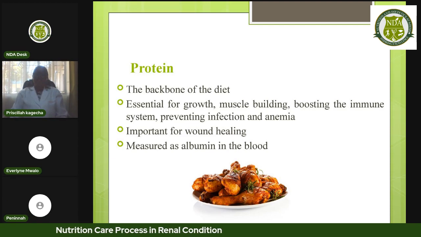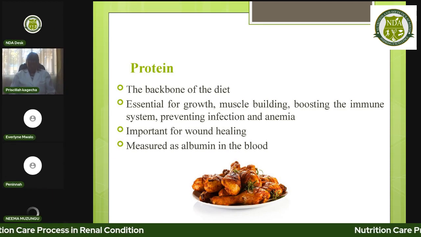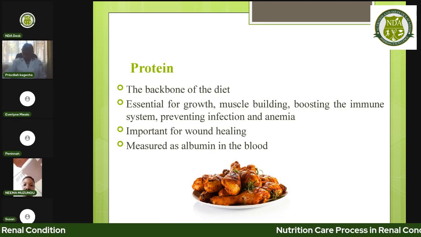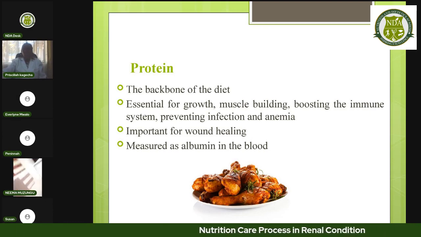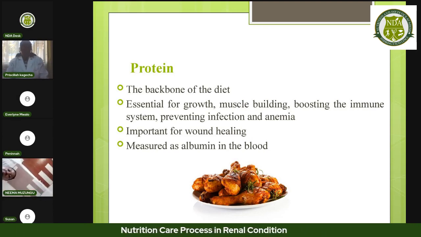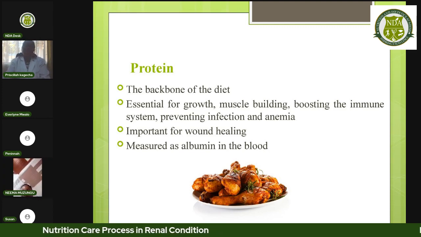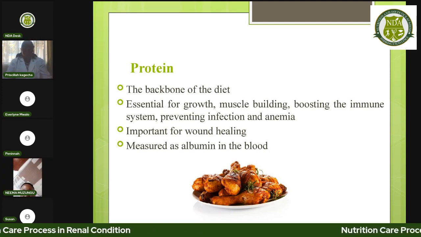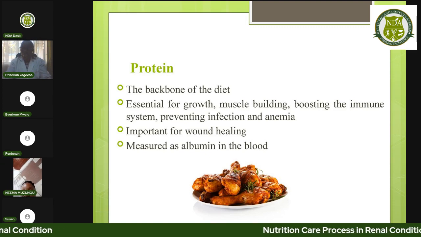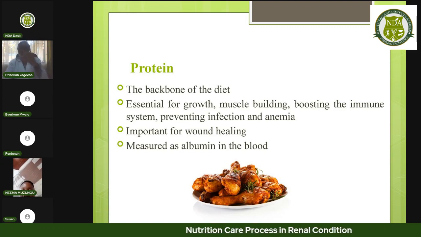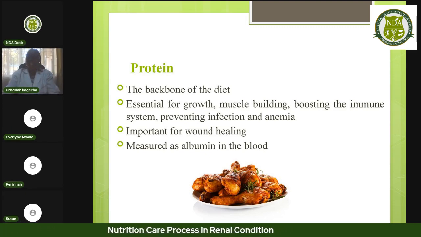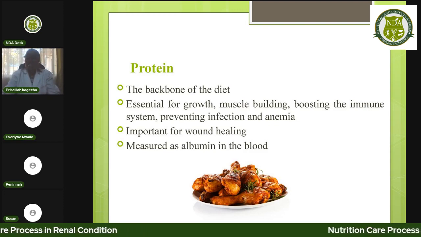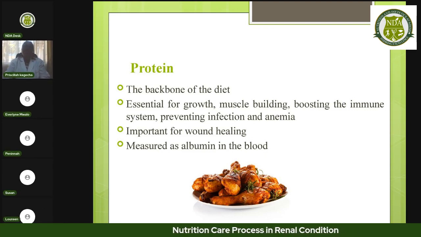Protein is also measured as albumin in the blood, and albumin does several things in the blood, like maintaining the appropriate osmotic pressure within the blood, and binding and transporting nutrients and substances like hormones and drugs.